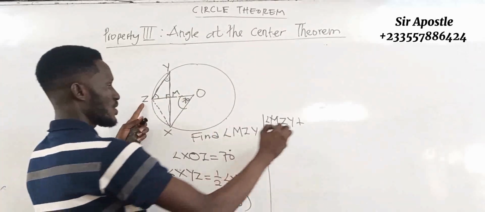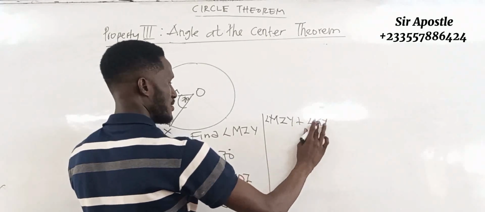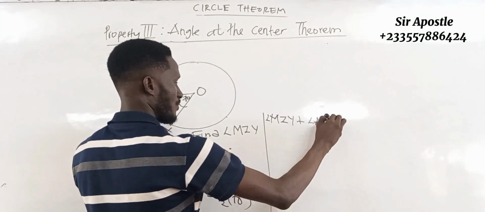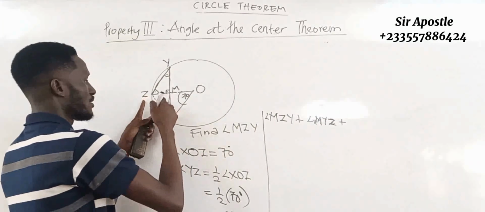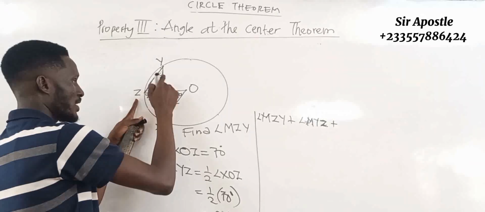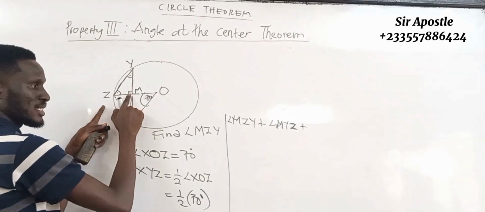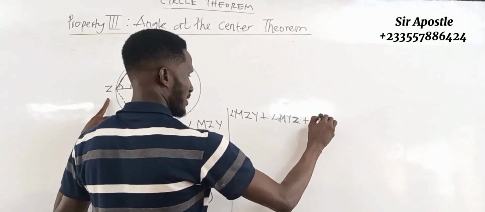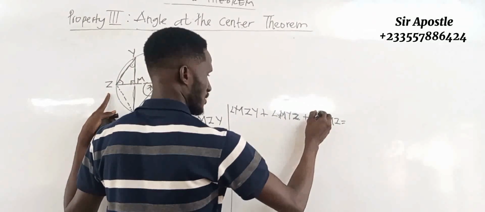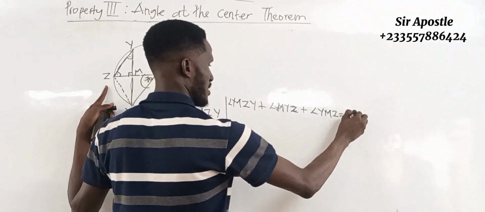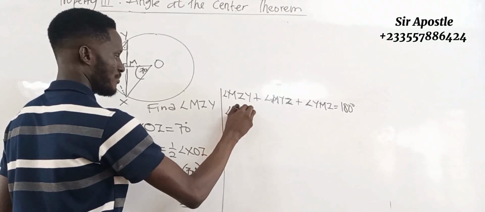It's the same thing. So I'm going to say angle MZY plus angle MYZ plus the angle from here, YMZ, which is 90 degrees, should give us 180 degrees.